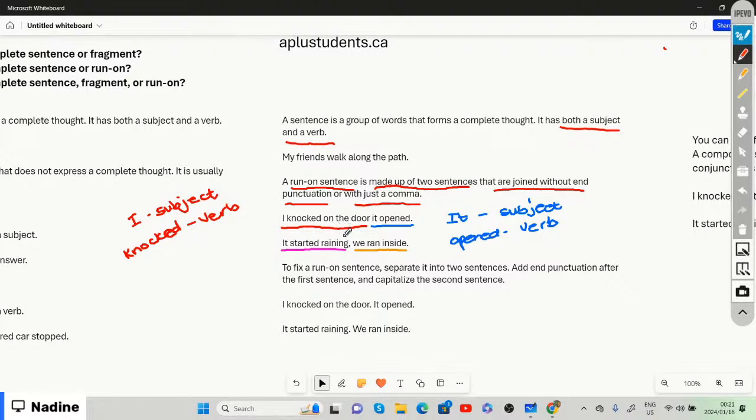So if we separate these two, then we're going to say, I knocked on the door, then period. And then capital letter I for it opened, period. That is how you fix a run-on sentence.